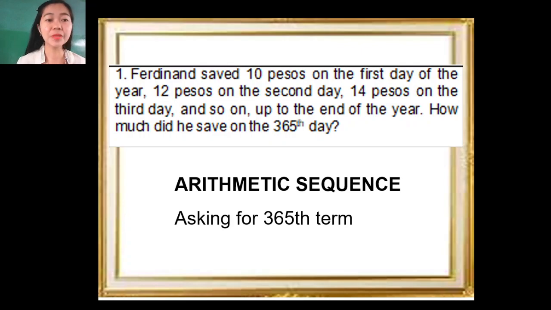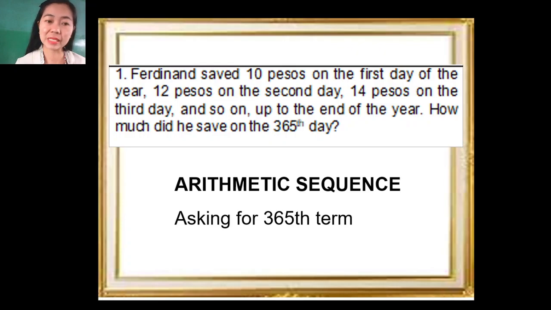So again, this problem illustrates an arithmetic sequence since there is a common difference and you are asked to find the 365th term or the value of a sub 365.